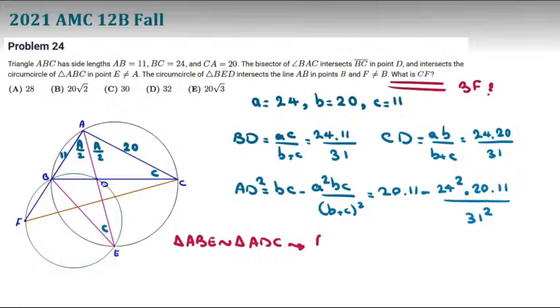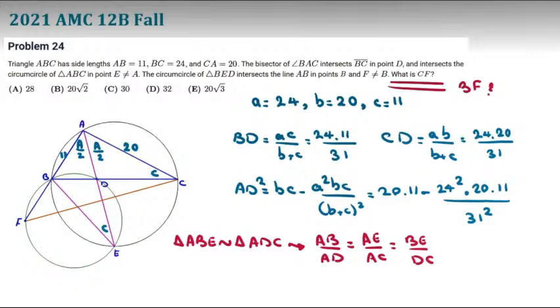So we can say AB, the corresponding one in ADC will be AD, equal to AE over AC, equal to BE over this.